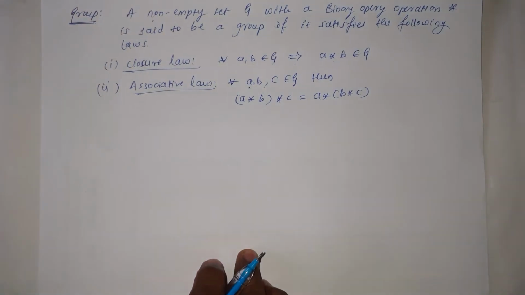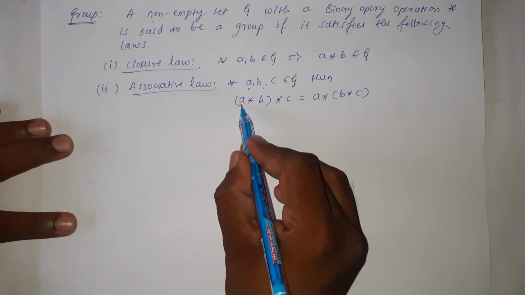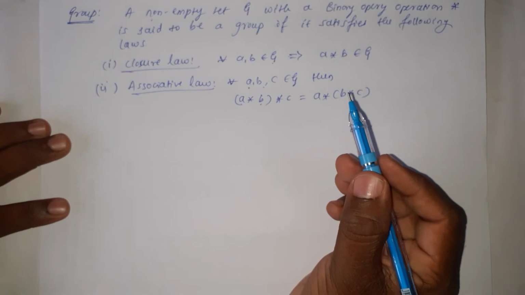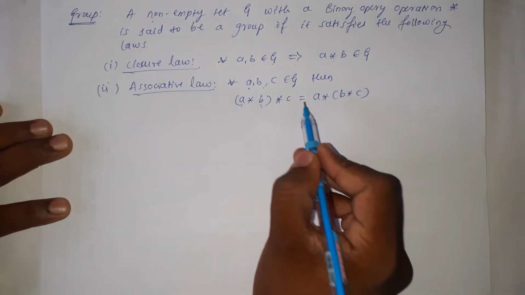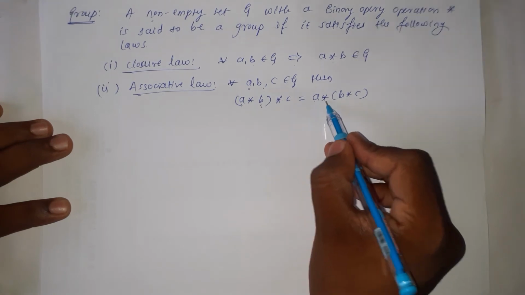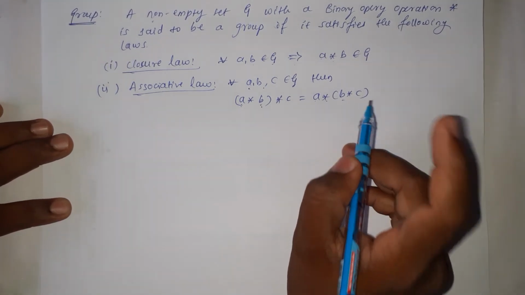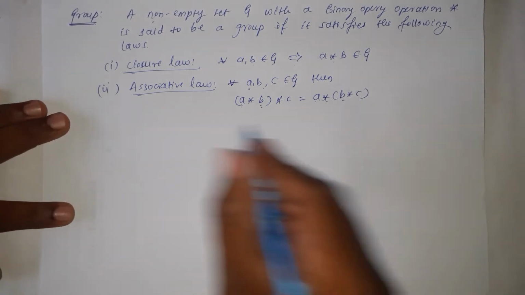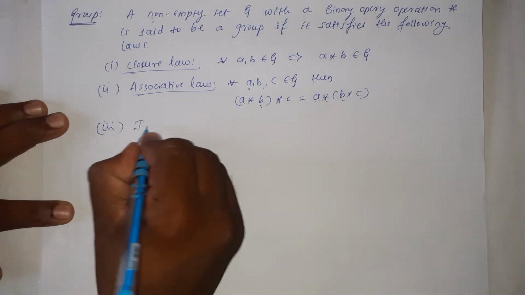So, here in the associative property, first we are operating star on the first two elements, and next we need to operate the same operation with the product of a and b. Here we need to operate the operation on the next two elements, they are b and c. Then third one is identity law.